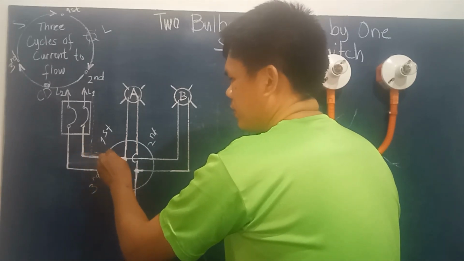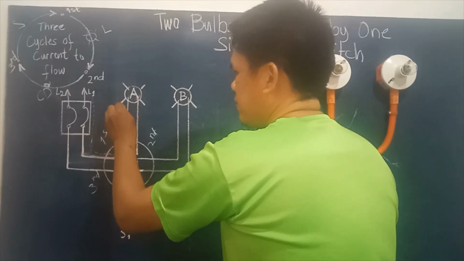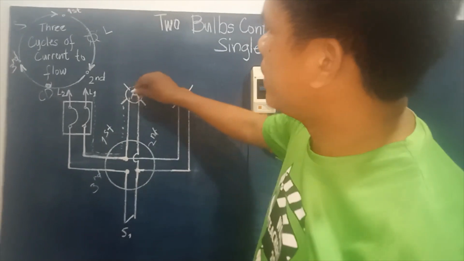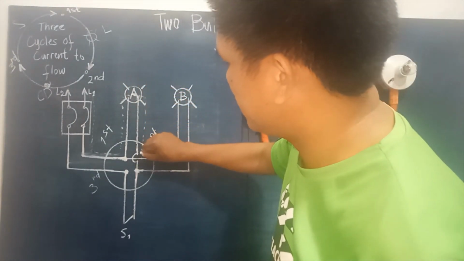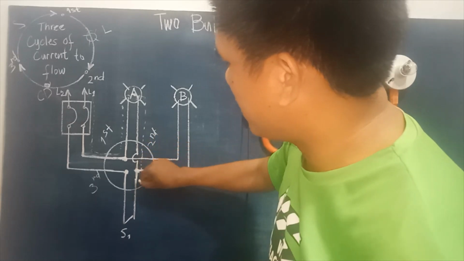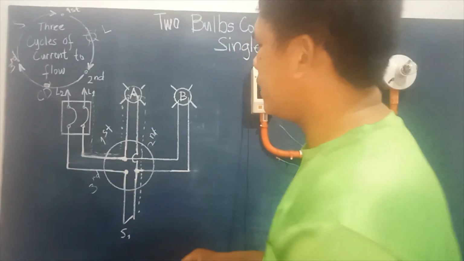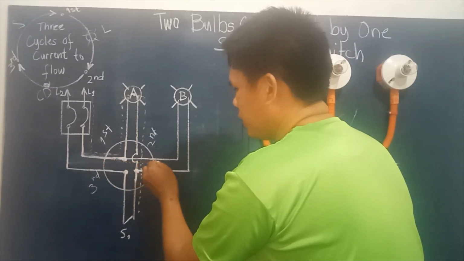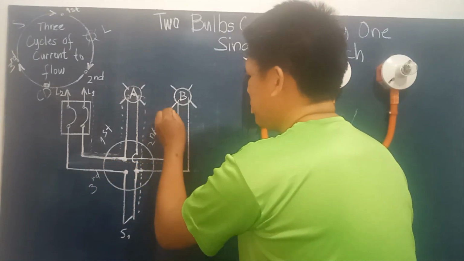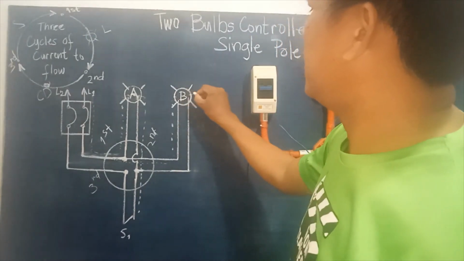Then, ayan. Okay yung bulb natin, so, bababa yan dito guys. Ayan, bababa rin dito. Katulad rin ng isang wire dito. Of course, may flow ng current po dito. Ayan. Okay yung bulb natin. Lalabas yan dito.